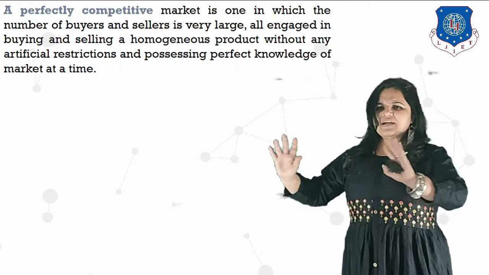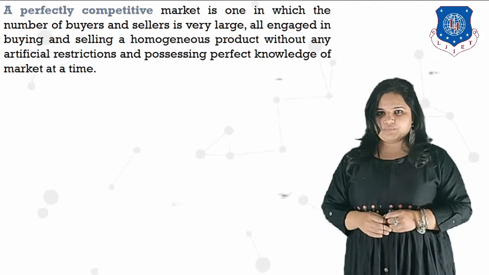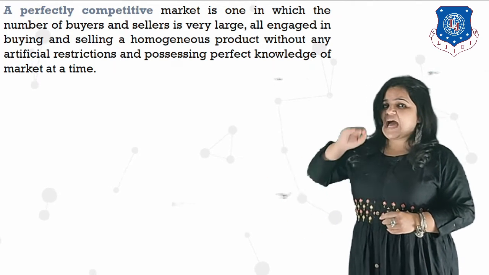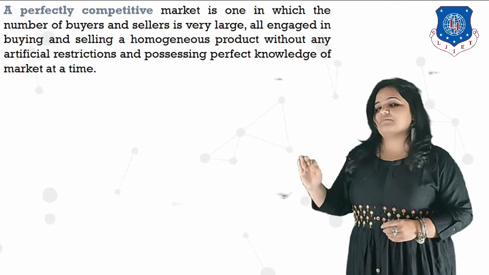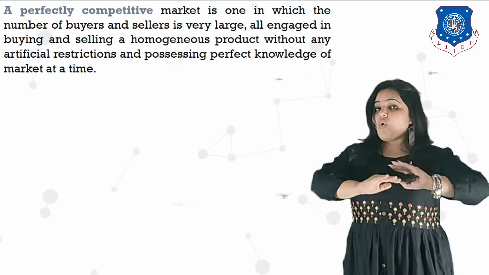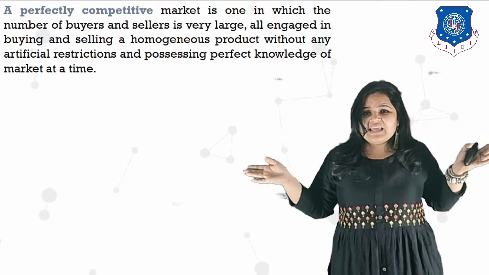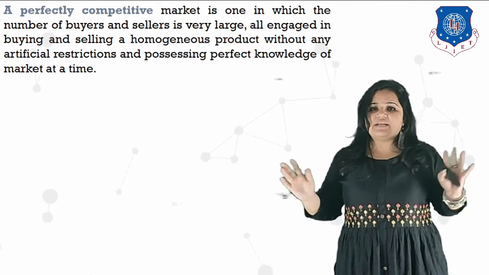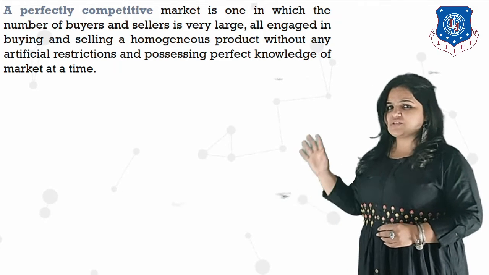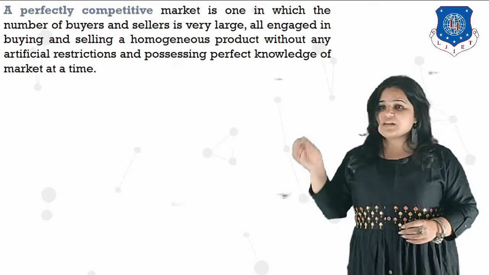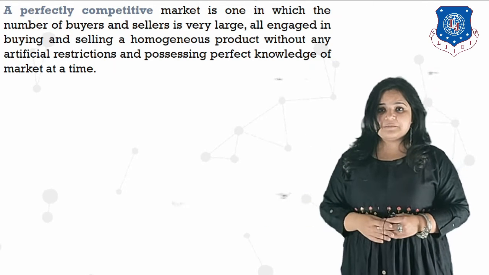There are many buyers and there are many sellers. All the sellers are selling exactly the same product. Homogeneous product means same product. There are no artificial restrictions. Any seller can enter the market, any seller can exit the market.